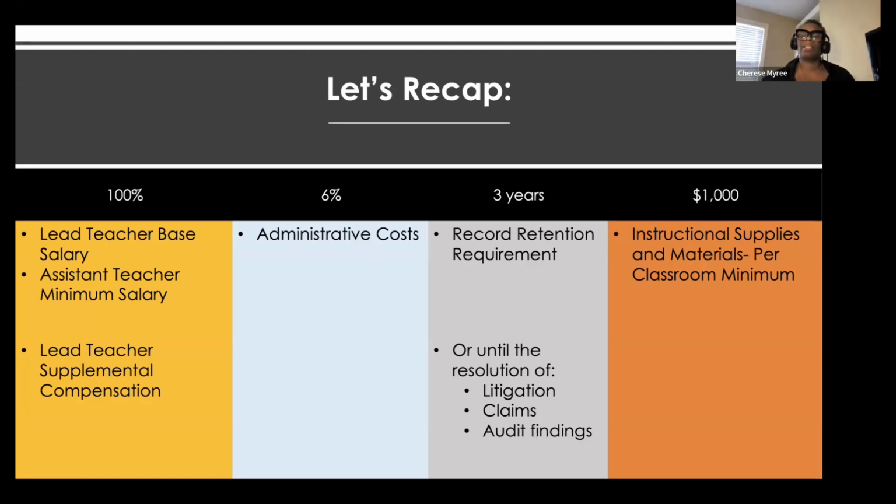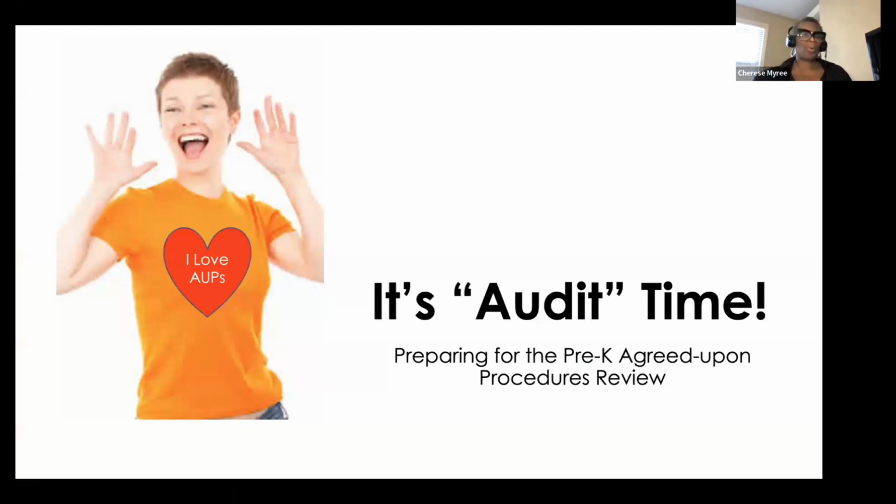And 3 years is the record retention requirement unless you have a claim or any kind of findings. All right. So we talked about giving you some best practices on financial management, how to track your program operations in this current year, because as a result, you may be selected for an agreed upon procedure review.